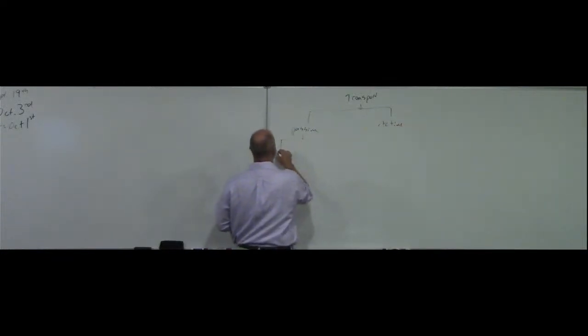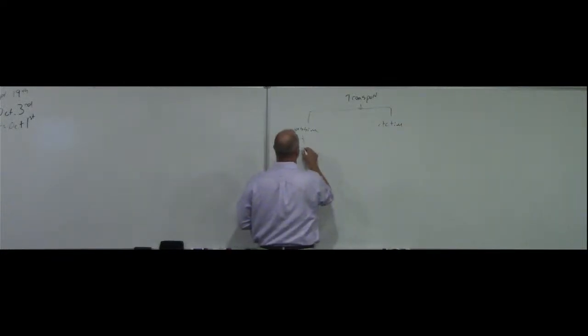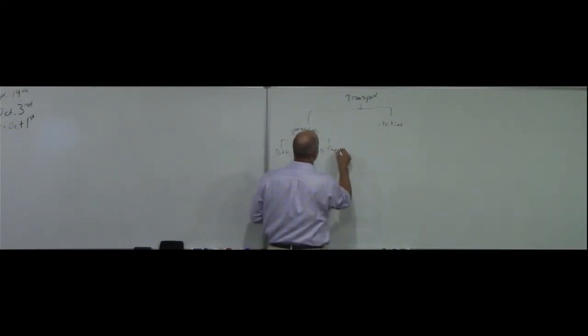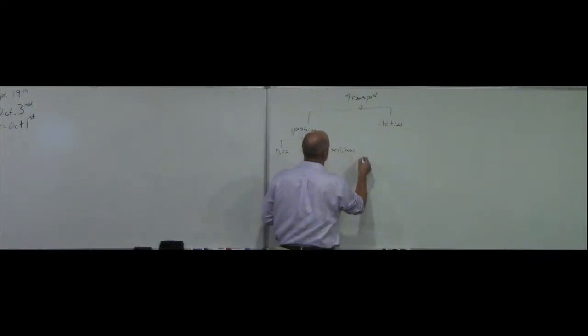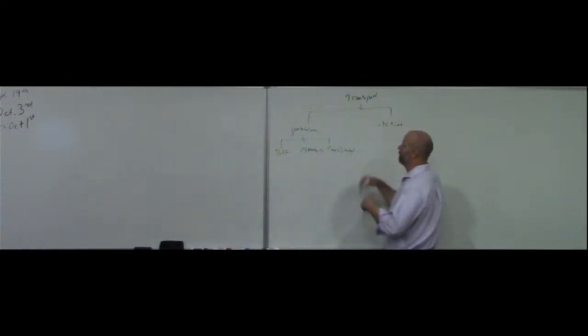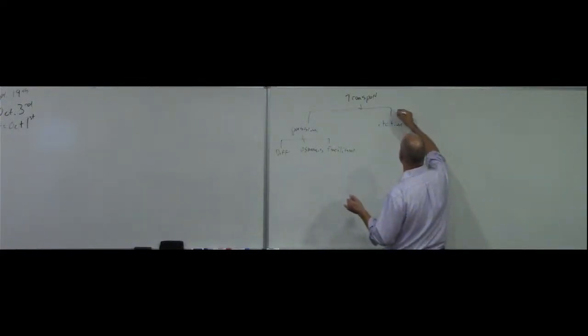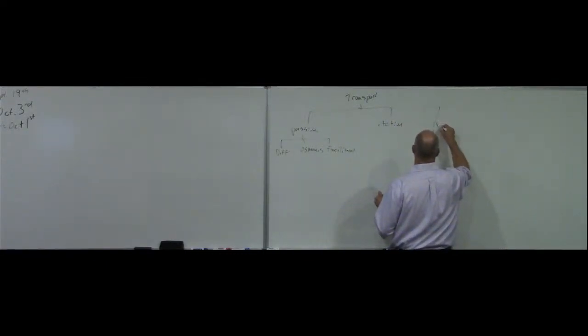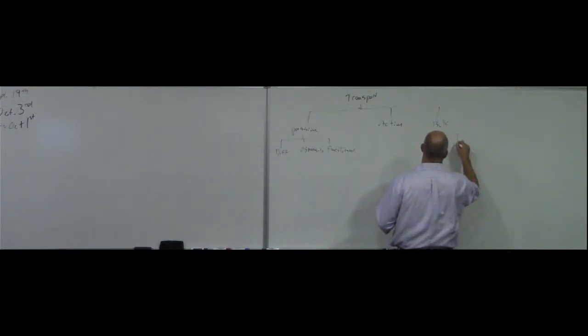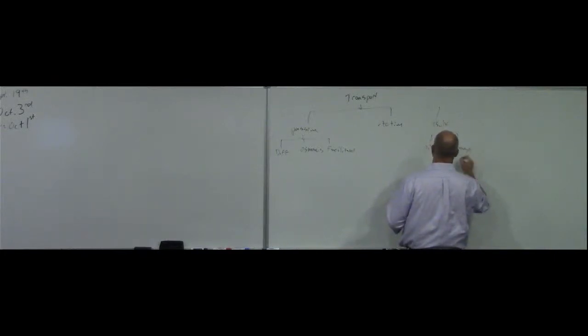And under passive, you got things like diffusion, osmosis, facilitated diffusion. Over here, you got pumps, carriers, all that kind of stuff. You've also got something called bulk transport, which is pinocytosis and phagocytosis.